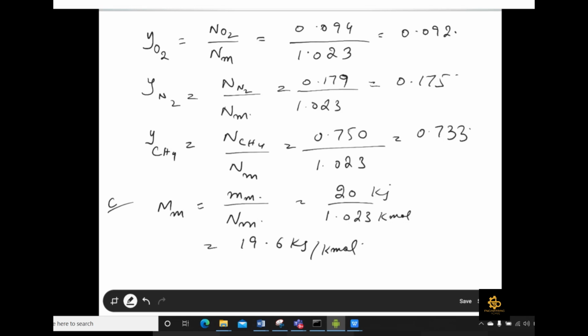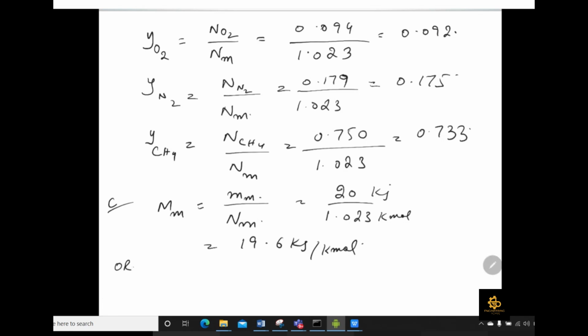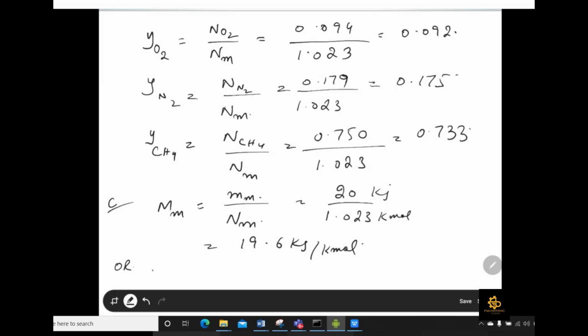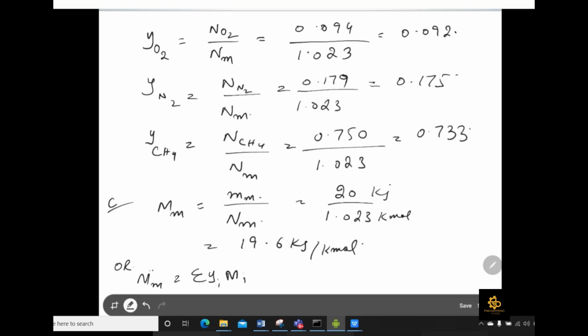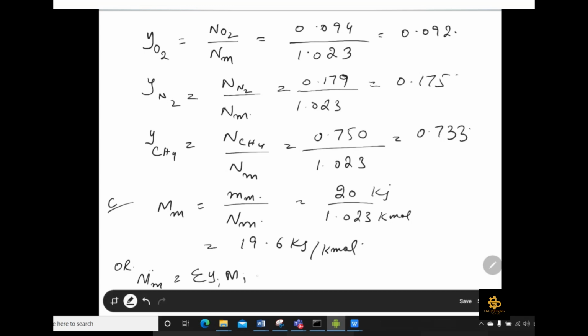Another thing is you can also find the molar mass of the mixture by using another method. If you do not have the values of mm and nm, you can see that the molar mass of the mixture is equal to the summation of yi, the mole fraction of the individual component, times Mi, the molar mass of the individual component. We already saw this relation in the previous slide as well.